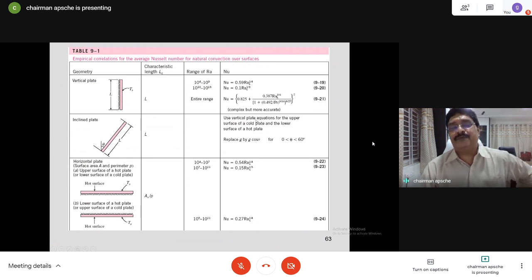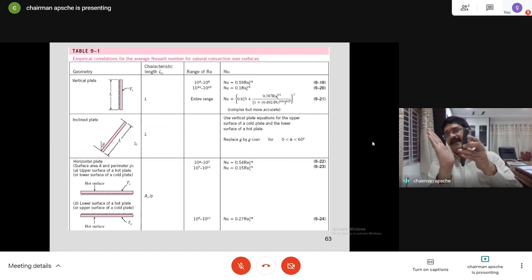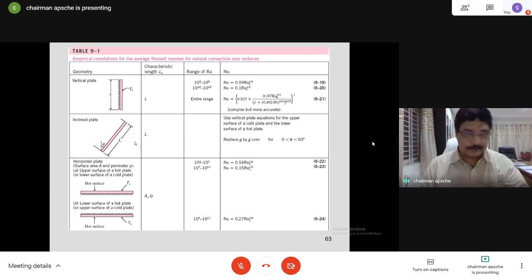But a small correction we use in calculating Grashof number: instead of g, you use g cos theta, where theta is the angle with the vertical, not with the horizontal. If my hand is the inclined plate, it is the angle with the vertical. So the small correction that you use is g cos theta when you calculate the Grashof number.